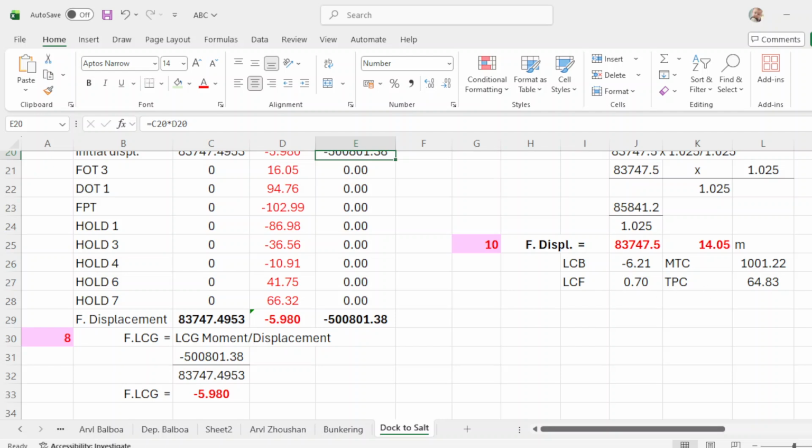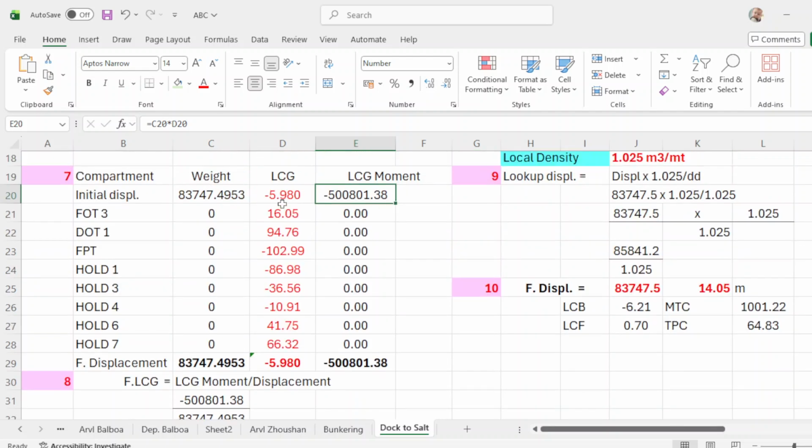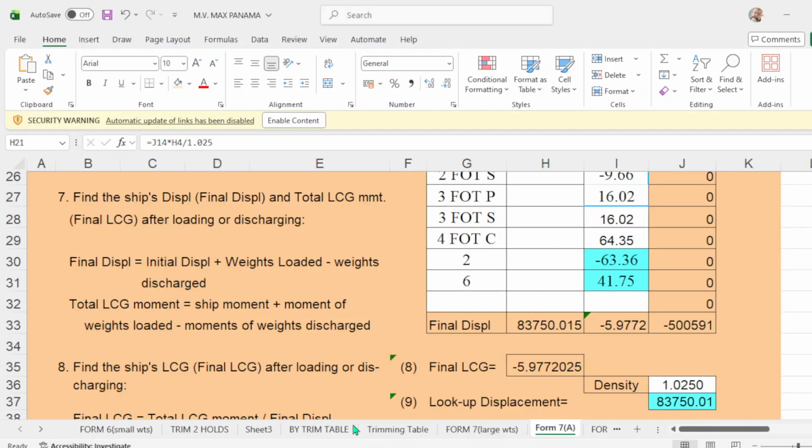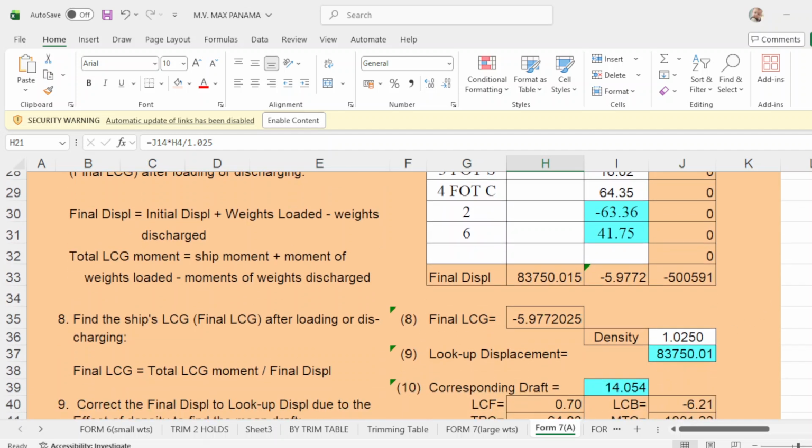This is the same with this one. Okay, because you never put weights here or discharge weight, so your LCG will always be the same. So that will be your final LCG of negative 5.98, and the program says negative 5977. So I'll round it up. Then we go to number 9.